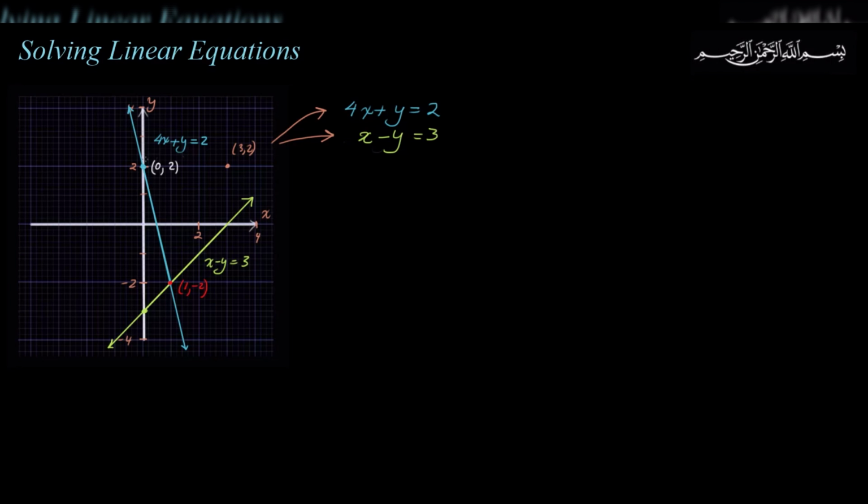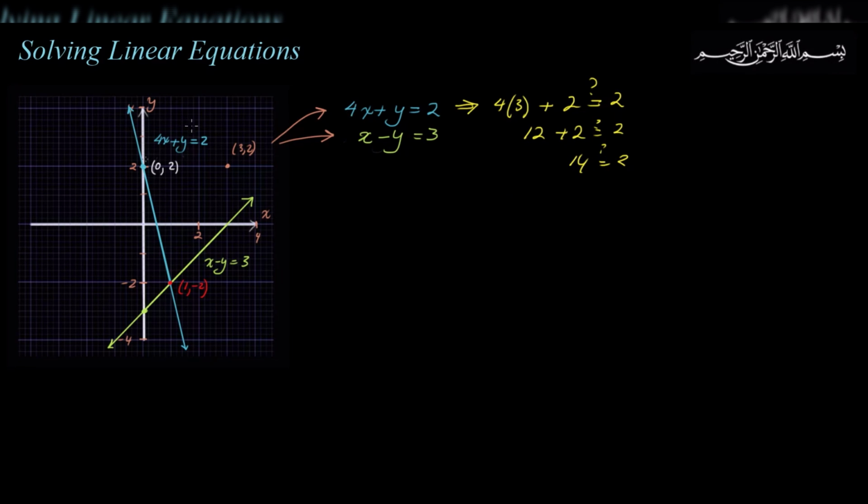Let's see what happens. I'm going to substitute that here first: 4 times 3, plus y, which is 2. Now the question is, does that equal 2? Well, 4 times 3 is 12, plus 2 is 14. Is 14 equal to 2? Not true at all. 14 does not equal 2 last time I checked.